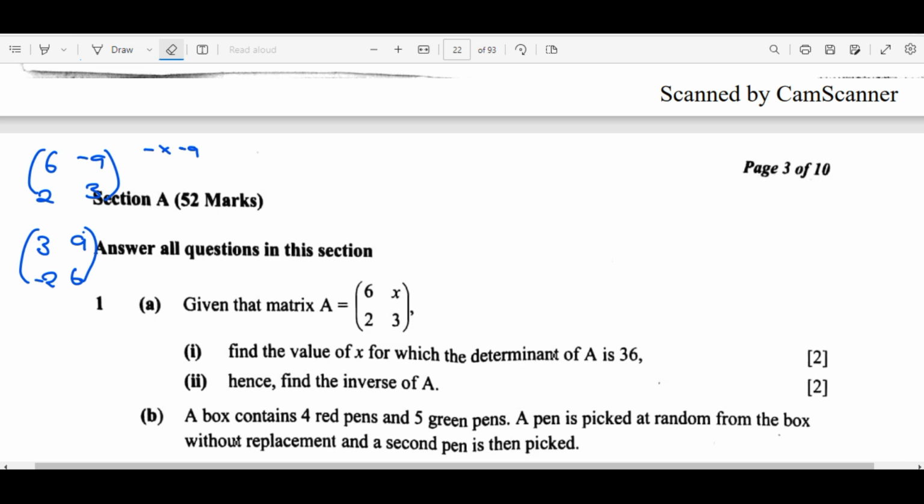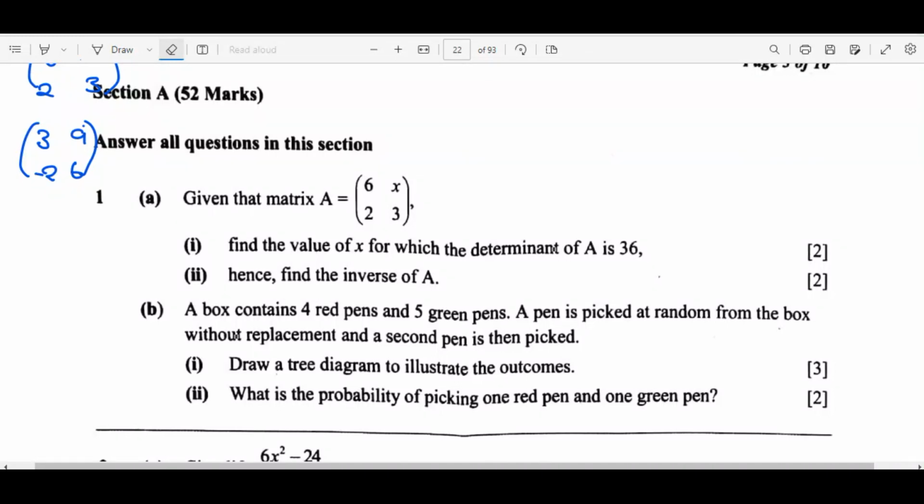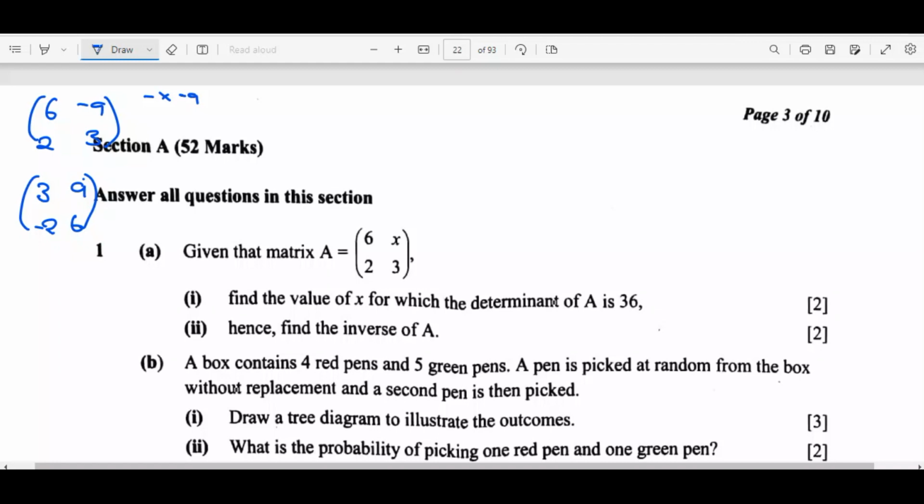So in this case, we can move and see how the questions are. The first question is, draw a tree diagram to illustrate the outcome. So the first thing that you have to do is find the total, because we had 4 red pens and 5 green pens.